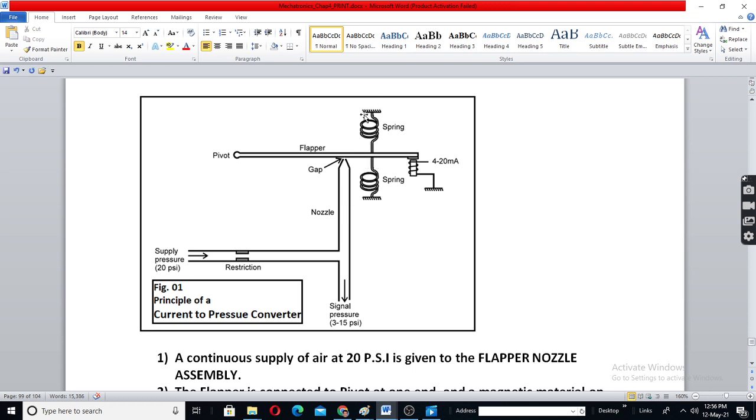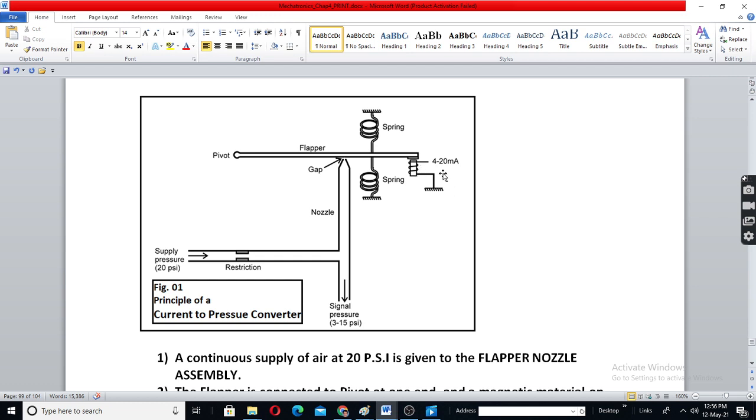The springs are used to bring the flapper back to its original position after switching off. It is also used to set the sensitivity.